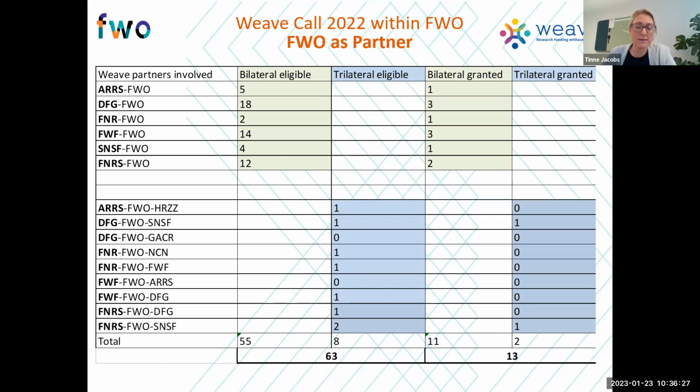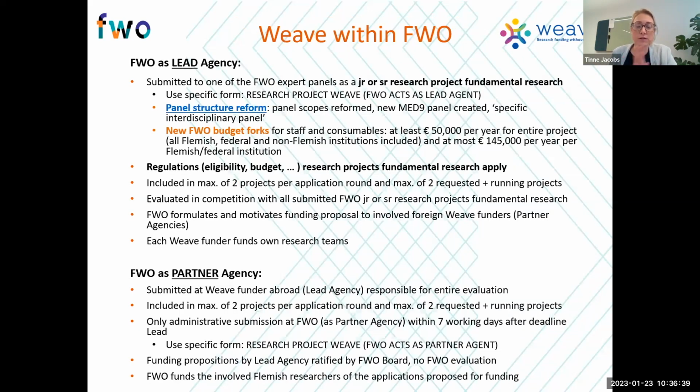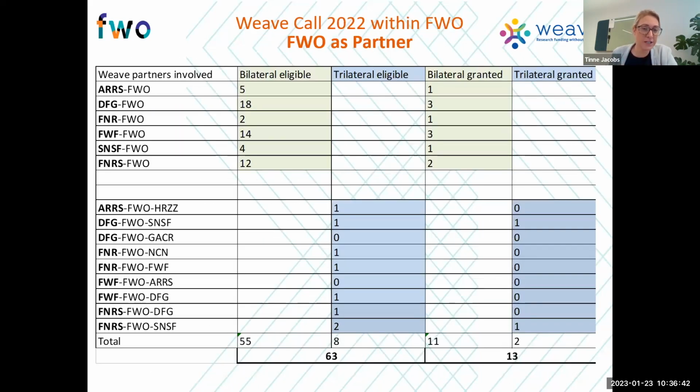So we are still waiting for the outcome of those 7, and we will of course inform the involved researchers as soon as we receive more news from DFG. You can see here as well that there were some nice trilateral combinations at the bottom here in blue. So it's nice to see the impact that WEAV can have for Flemish researchers.